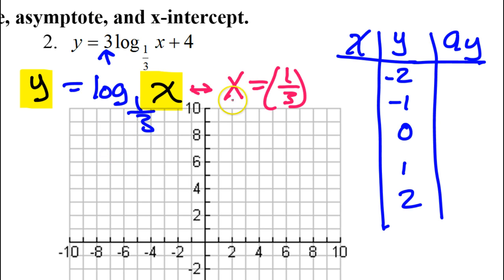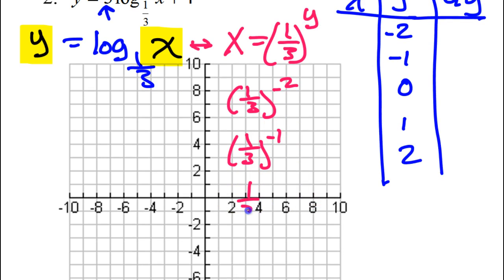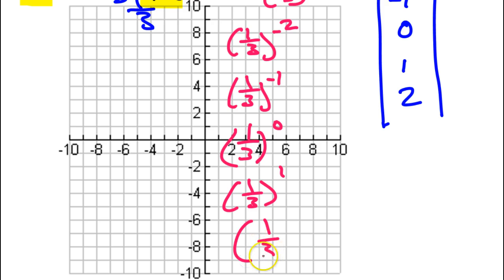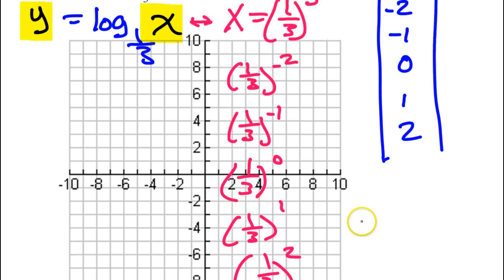So the x is going to wind up over here, and the y is going to wind up there as the exponent. Okay, so this pink function is the one I will use to get the x values. So I'm doing 1/3 to the y power. Okay, so that means I'm doing 1/3 to the -2 power and 1/3 to the negative 1 power, and 1/3 to the 0 power, and so on. 1/3 to the 1 power, 1/3 to the 2 power.